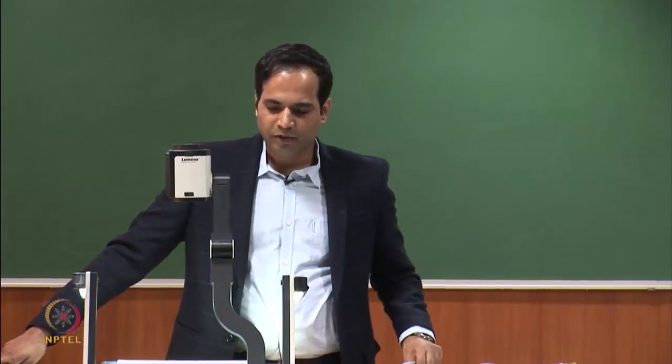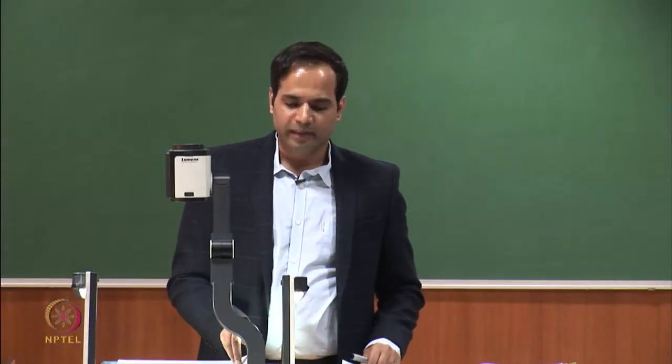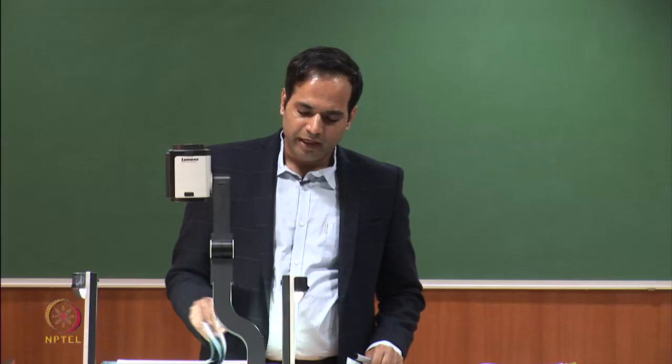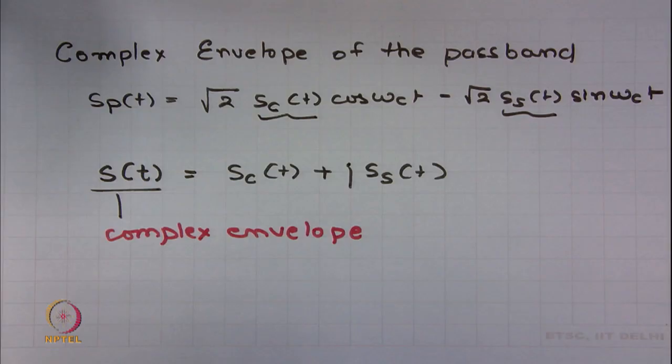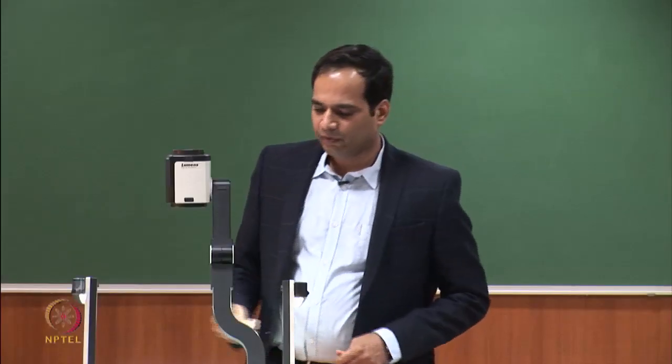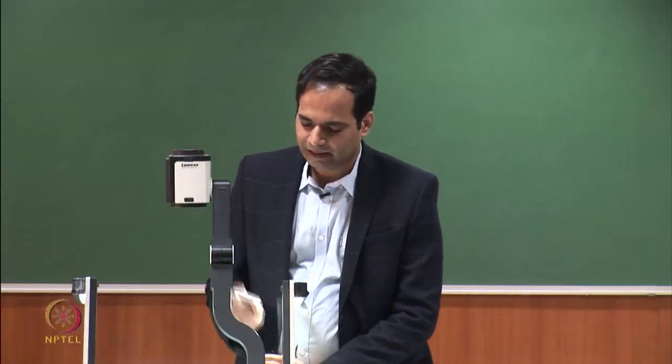Now, what we would do is we would try to learn how to carry out certain passband operations in baseband. We would learn about these things using some examples, so that whatever we have learned can be made use of.